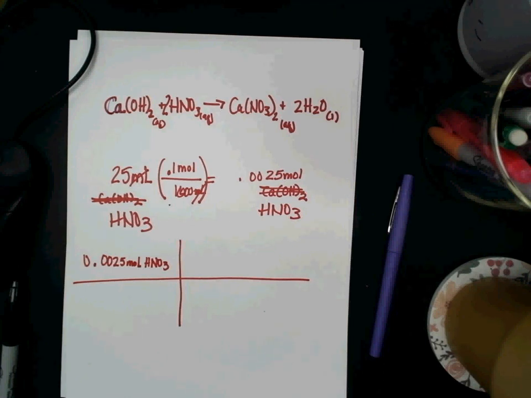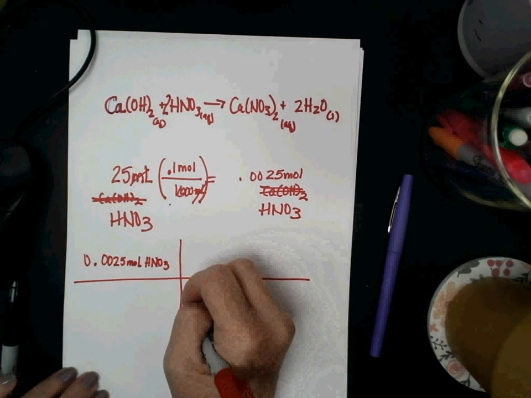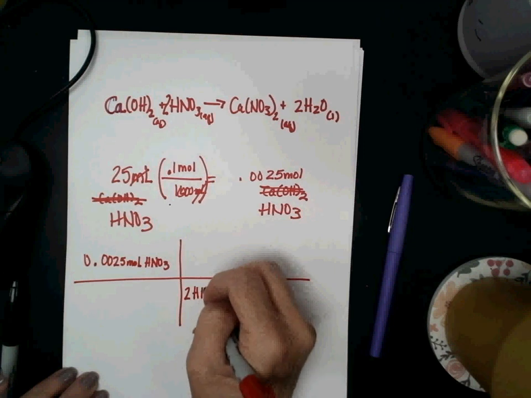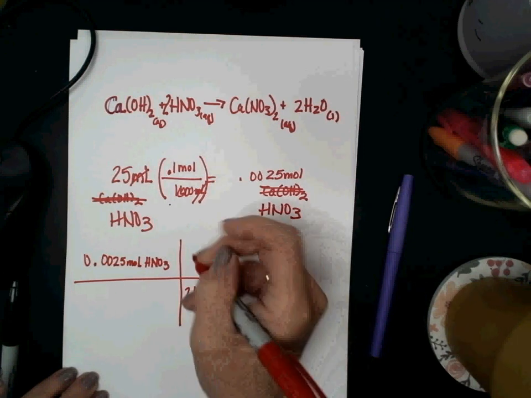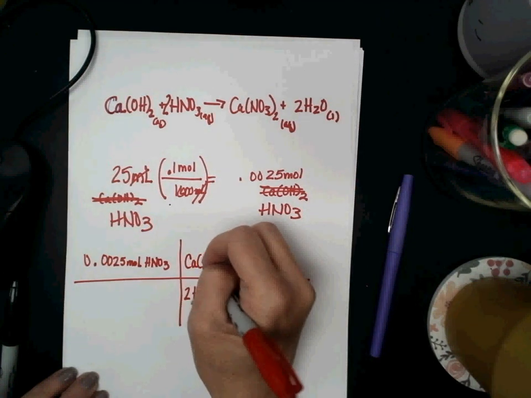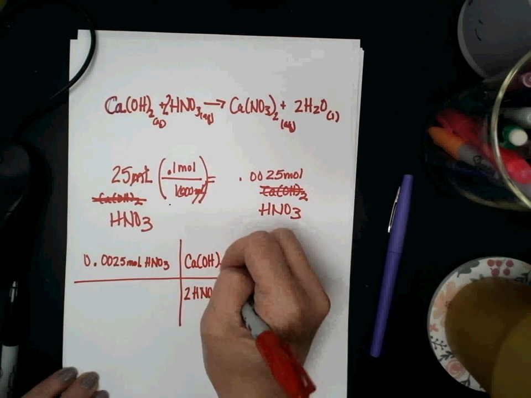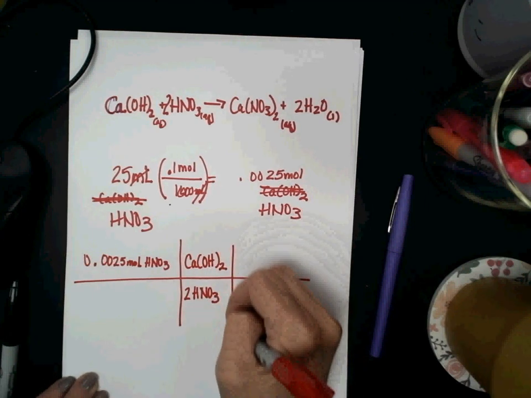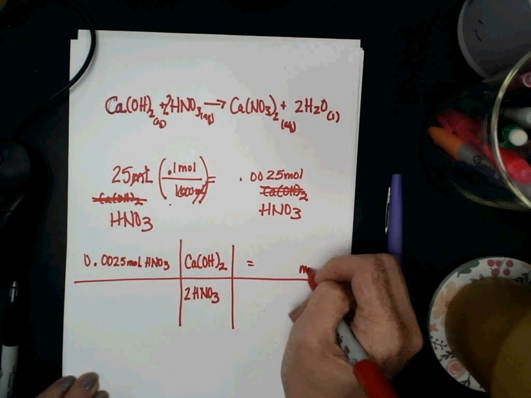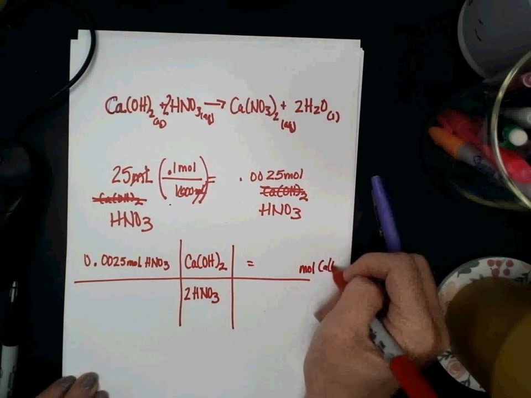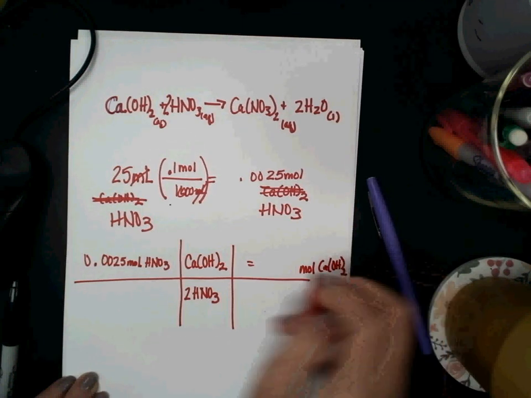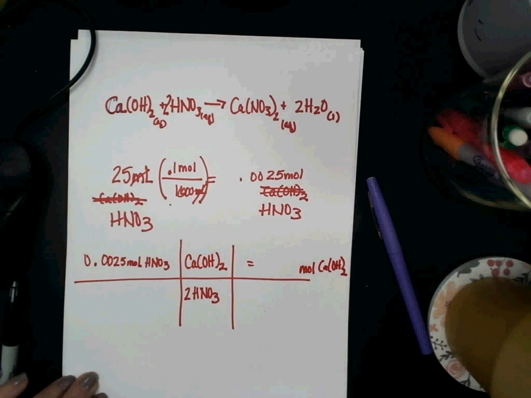And I'm going to use some stoichiometric equivalencies. What do I really want to know about? Calcium hydroxide. So I have to use my stoichiometric equivalency between nitric acid and calcium hydroxide. So for every 2 HNO3, I have 1 Ca(OH)2.